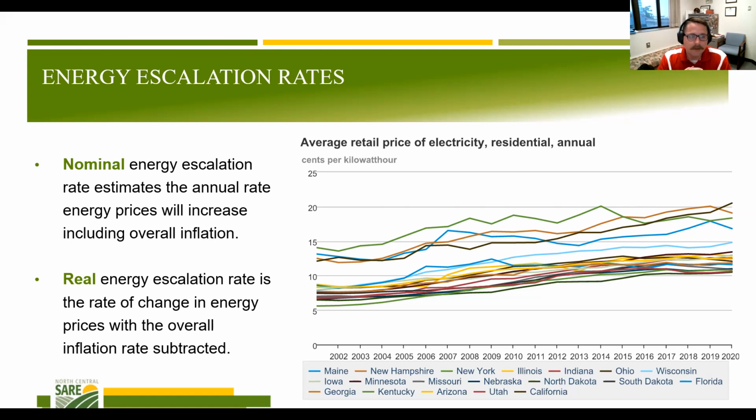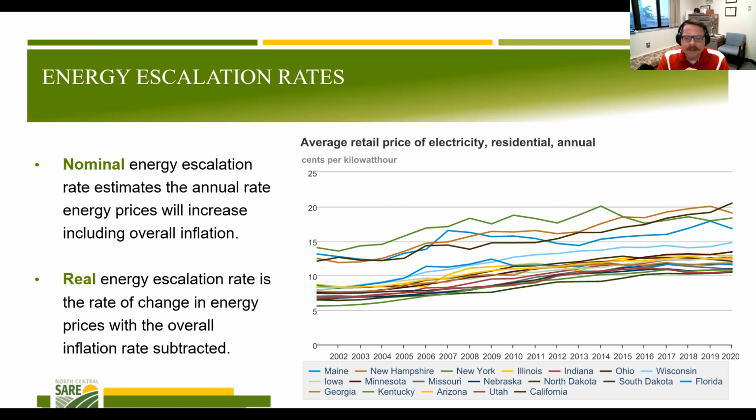So those can be either nominal numbers where the escalation rate includes overall inflation, or a real, where actual overall inflation is subtracted. A lot of times we'll use the nominal rate, where inflation is included in that. And at times, electrical inflation can be slightly higher than overall inflation, so it's the two added together.